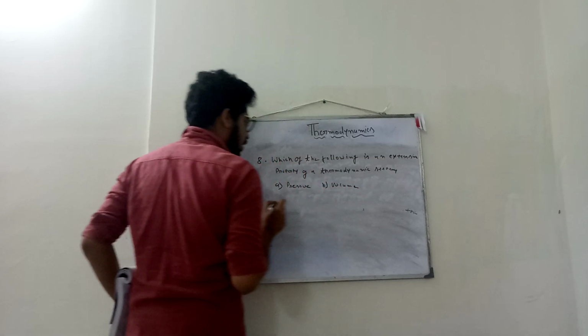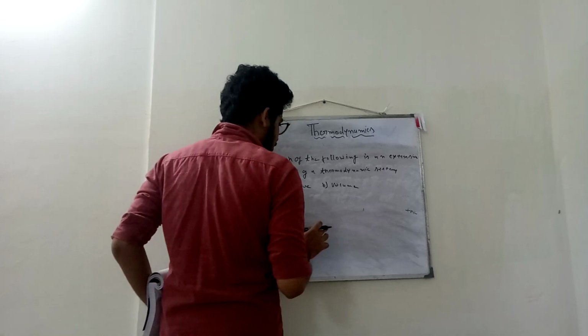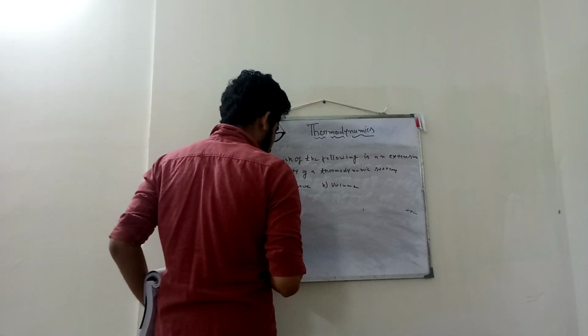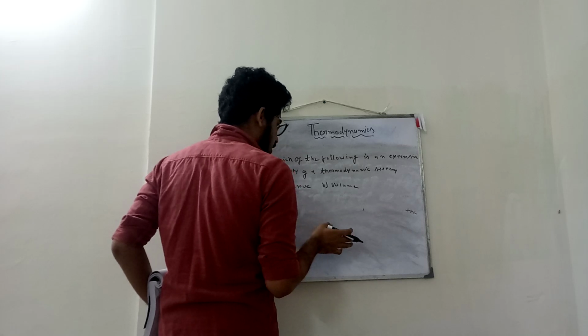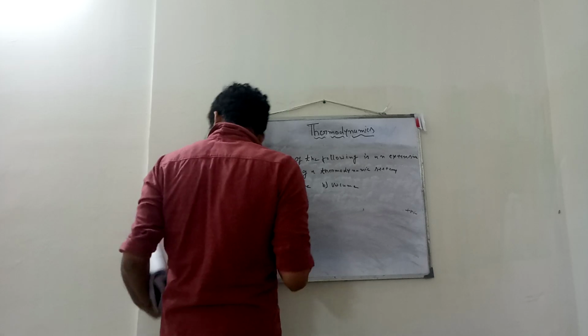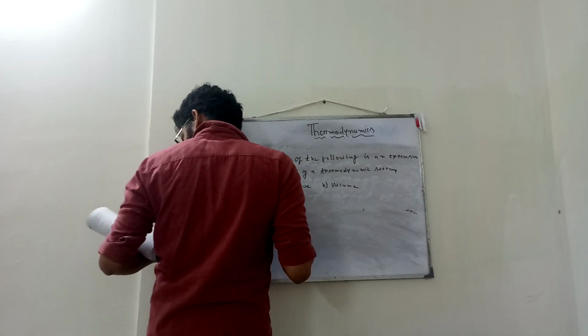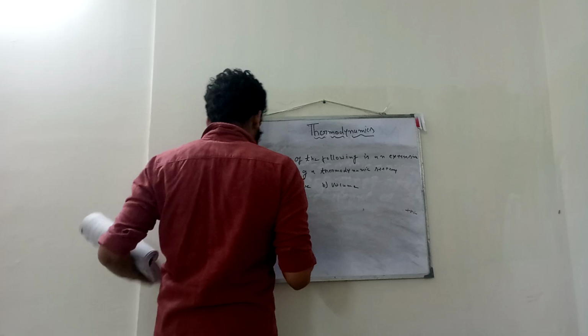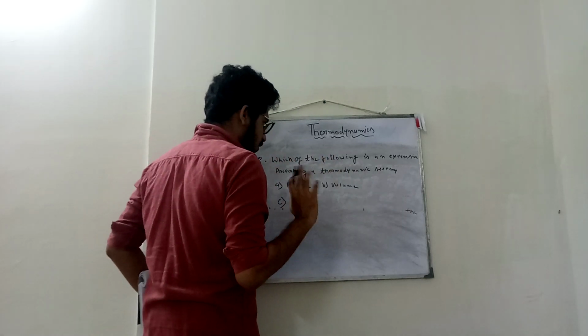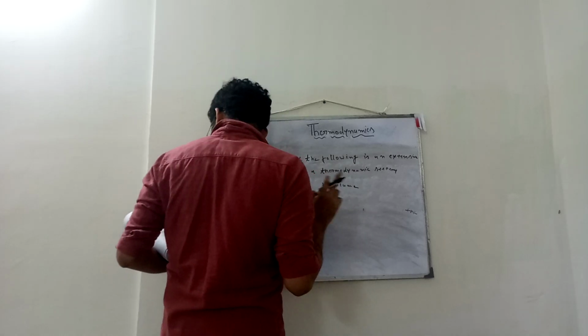I hope all students can solve this question, because we have done the same type of questions in 6th number. So you have to answer this. I will not help you.